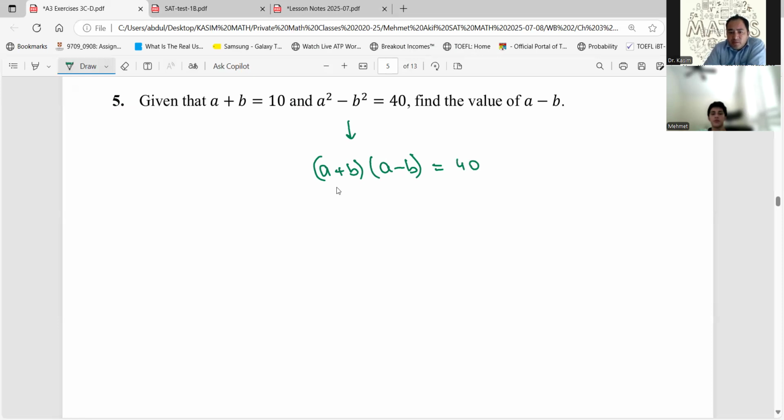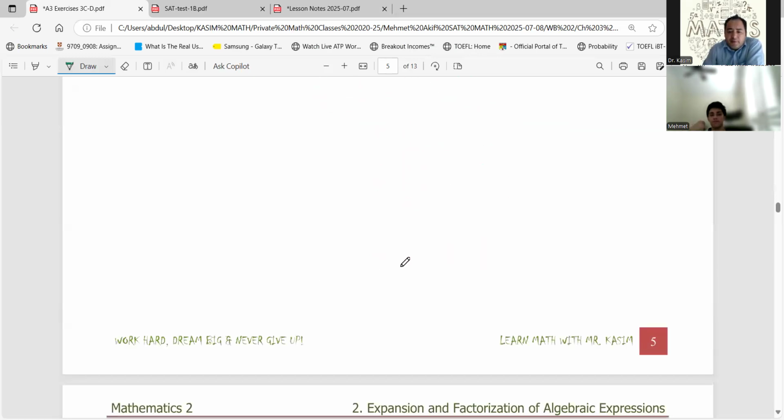Then what is a plus b? 10. So 10 times a minus b is equal to 40. What is the next step? We divide both sides by 10, right? Then a minus b is equal to 4. Okay, let's move on.